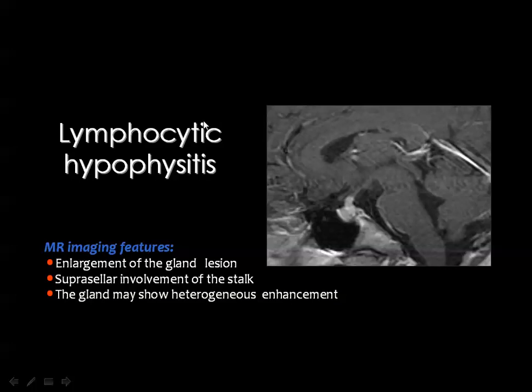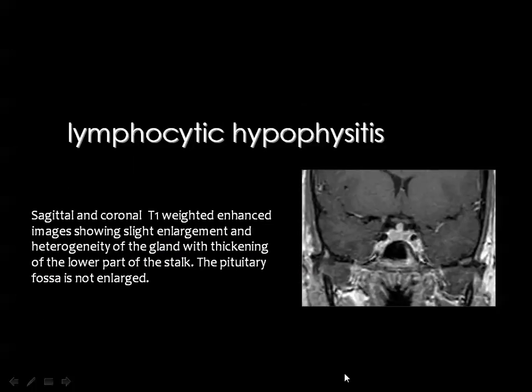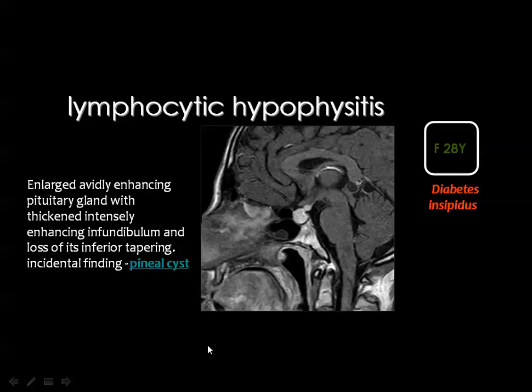In lymphocytic hypophysitis, there is enlargement of the pituitary gland, there is involvement of the stalk, and both the gland and the stalk will show homogeneous enhancement. This is also lymphocytic hypophysitis, and you see the pituitary gland and the stalk are relatively prominent and enhancing.